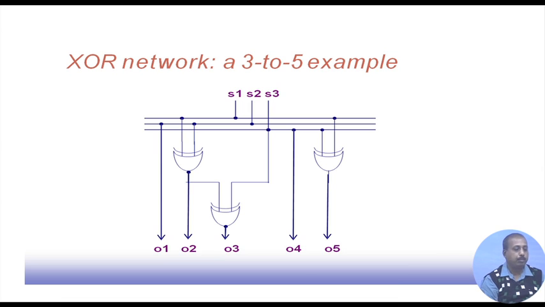A typical example may be like this: we have got 3 bits coming from the ATE, S1, S2 and S3, and then we have this decompressor made up of 3 XOR gates, and some of the lines are direct, like O1, then this O4. These lines are directly taken from, say, S2, S3 etc., and the rest of the lines are generated by a combination of these.